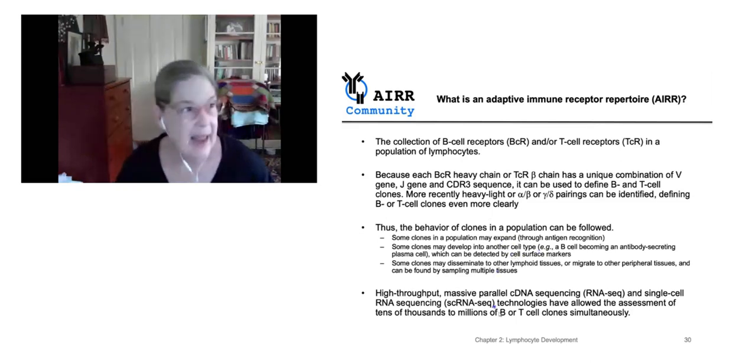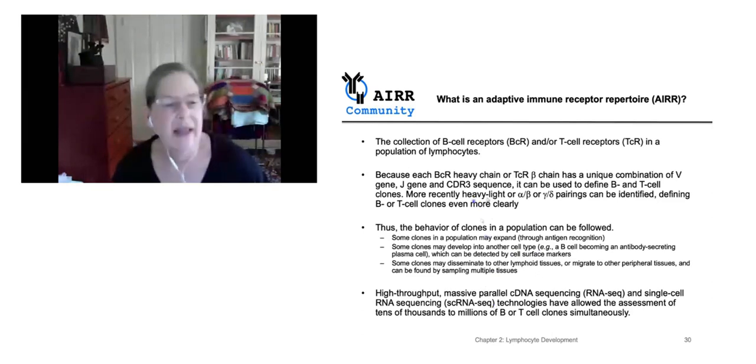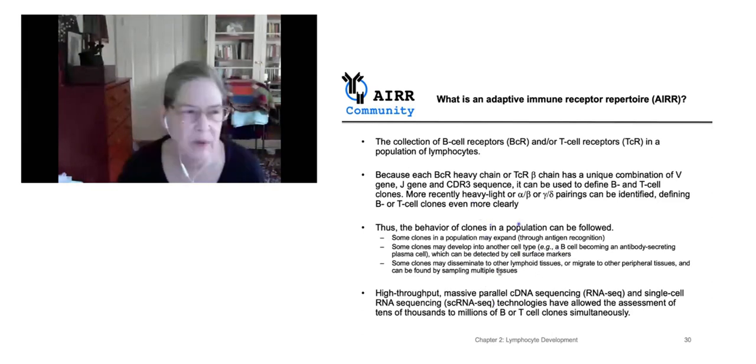And now it's easier to sequence the light chain and the heavy chain together. There are certain ways of doing that. And when you do that, you can actually make a monoclonal antibody if you want to. Have the gene made synthetically, and, boom, Bob's your uncle, and you can do the same with T cell receptors.